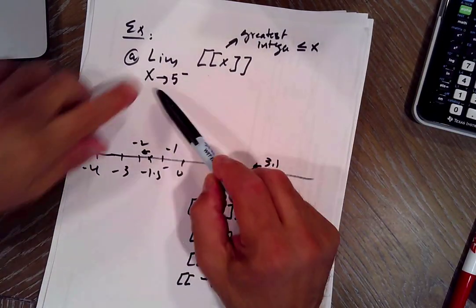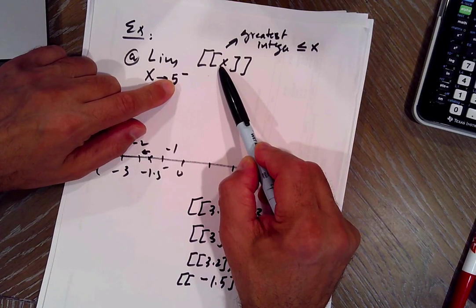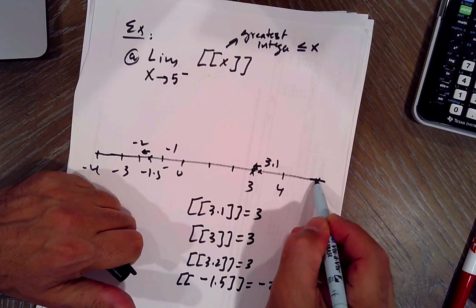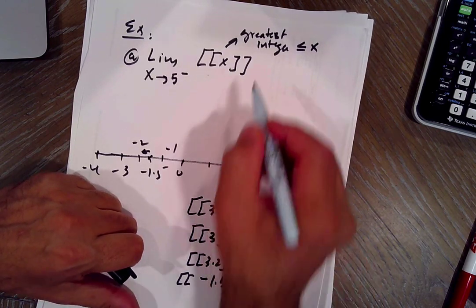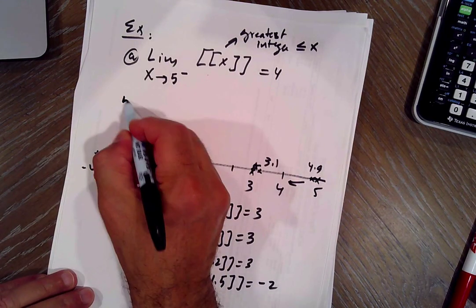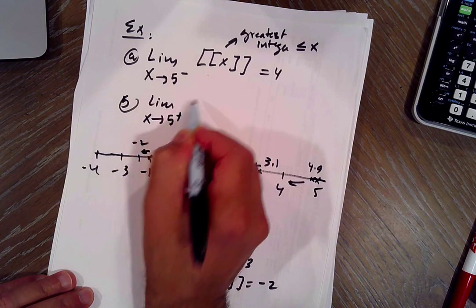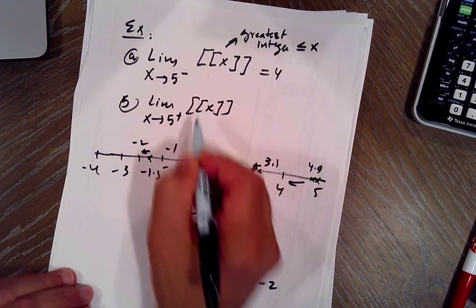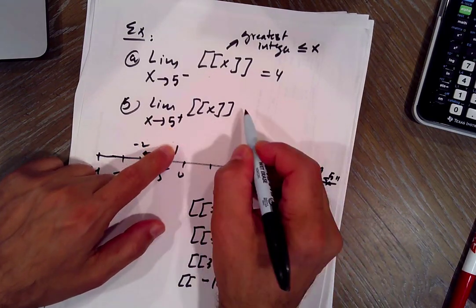So if you put a 5 minus there, that's like 4.9, 4.99, so the greatest integer is 4. If you want to do the limit as x goes to 5 from the right of the greatest integer of x, again this is 5.1, 5.2, so it's going to be 5.